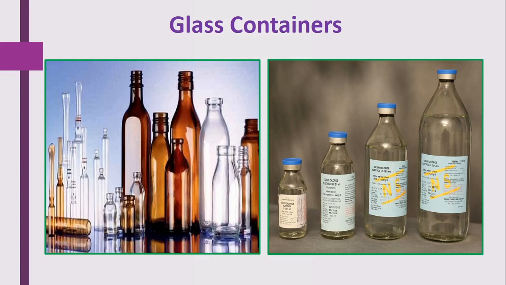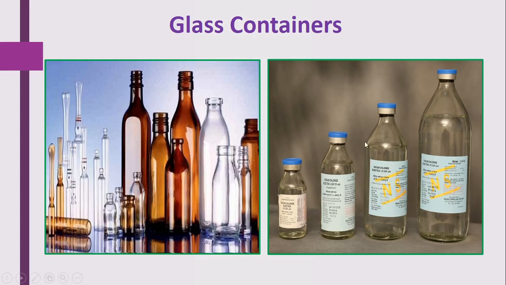That depends on what type of product it is. You can see some ampoules, as well as vials, some small size containers with different capacities, as well as large containers which are also used for parenteral preparation.